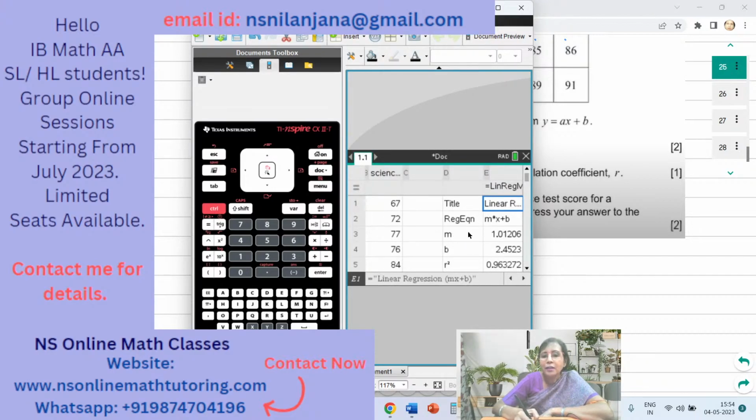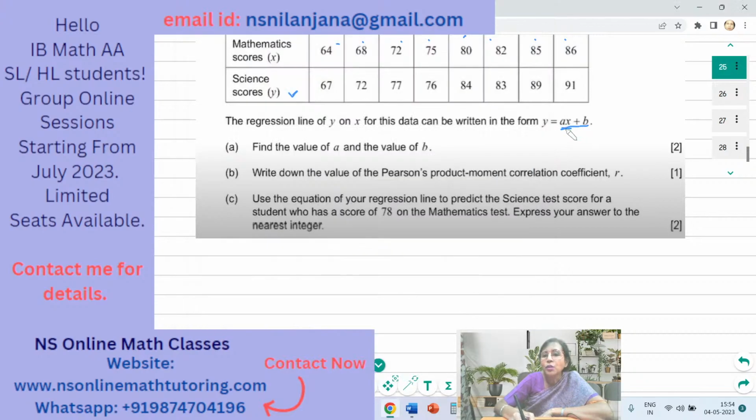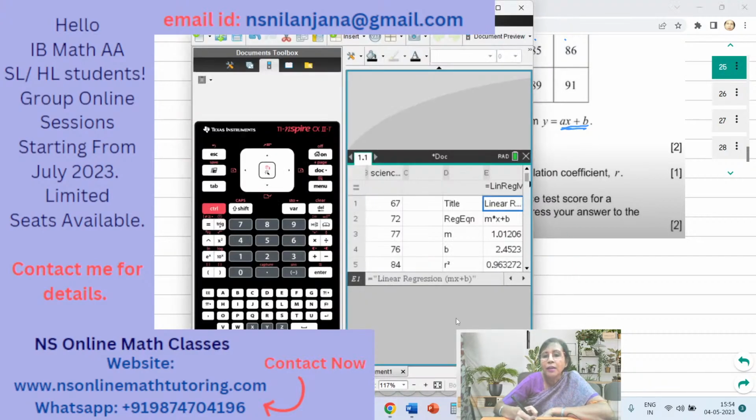And this is the linear regression equation, mx plus b. M in place of a, you see it is ax plus b. So m is equal to a. We will be taking the value of m. As I've said before in one of our previous past papers, always click on this cell and see what is the value.